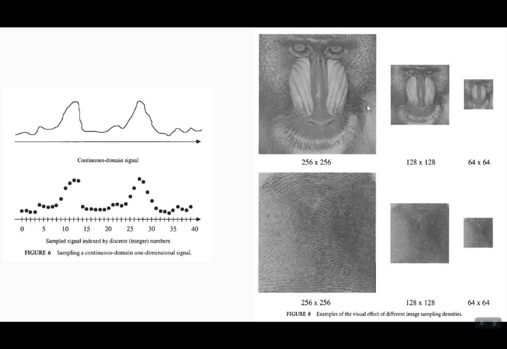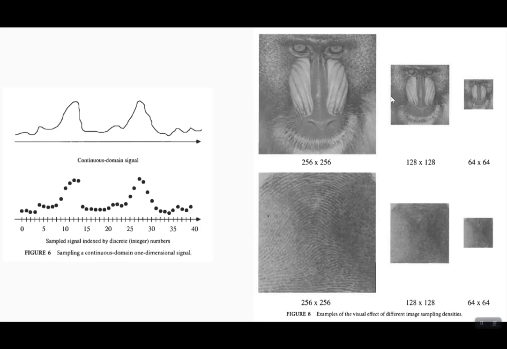If, for example, the acquired image is of 256 by 256 pixel resolution, as you can see, we can clearly identify what the object is and what it looks like.